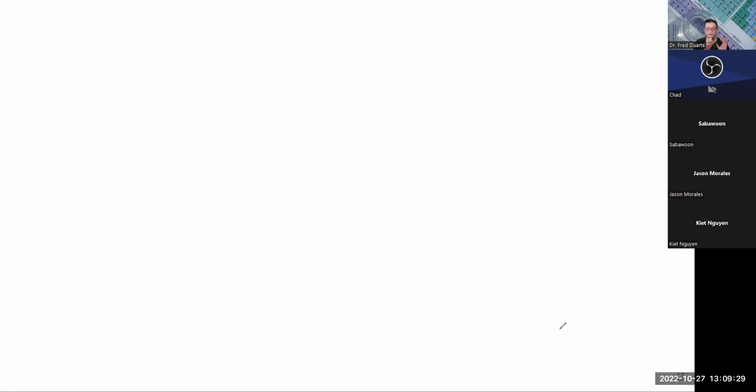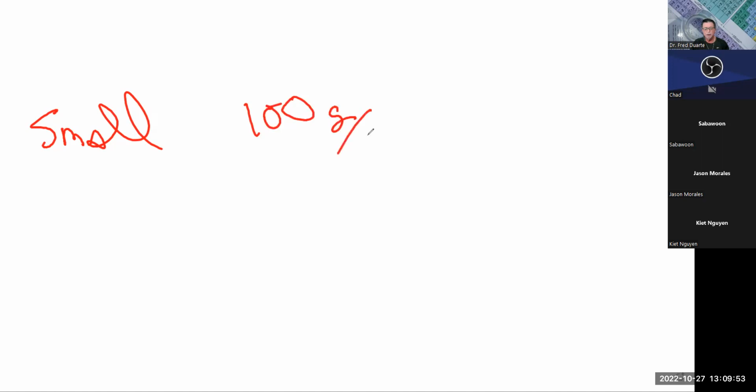But the point of this exercise is to get you to extrapolate what we talk about here into the concept of the mole, because we all know about a dozen. If we're talking about small eggs, for argument's sake, let's say they weigh 100 grams per dozen.